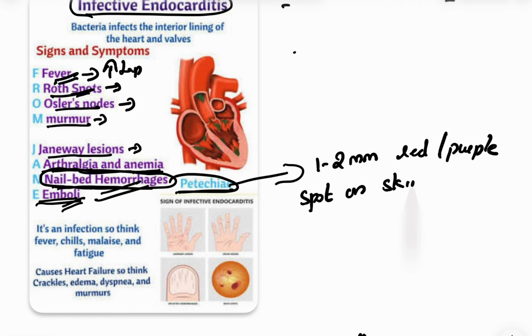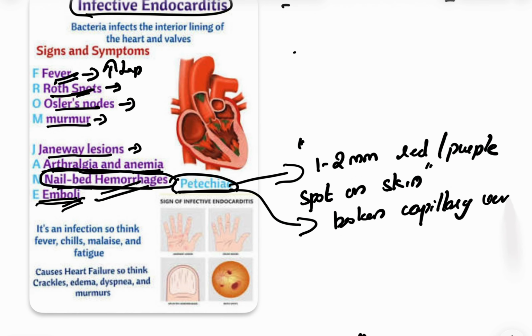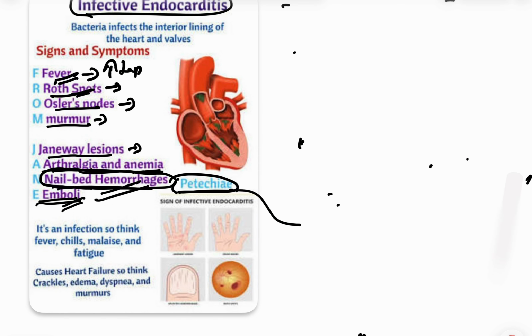And how does petechia occur? Petechia occurs due to broken capillary vessels. Capillaries are very small blood vessels. If there are broken capillaries, we will have 1 to 2 millimeter sized red or purple spots on the skin. That is called petechia. So remember the signs and symptoms of endocarditis, very, very important.